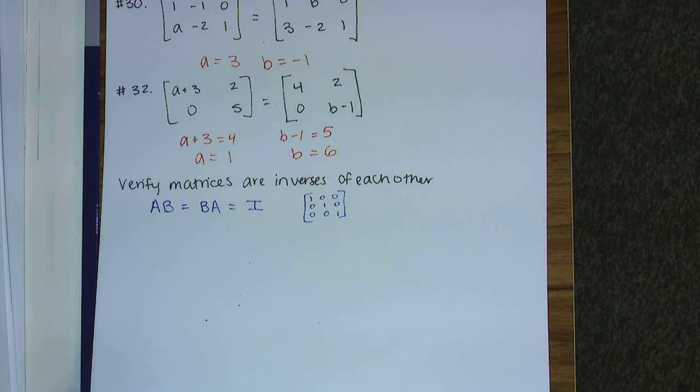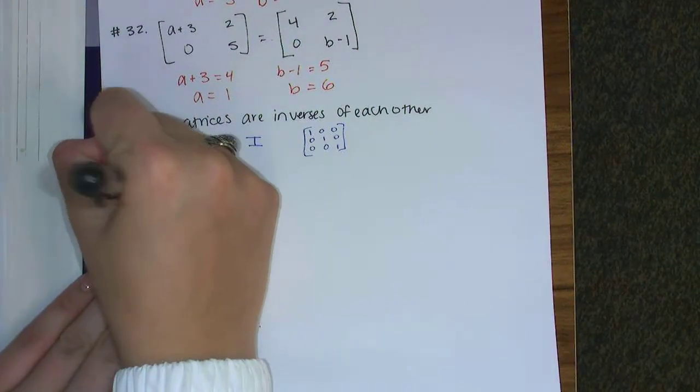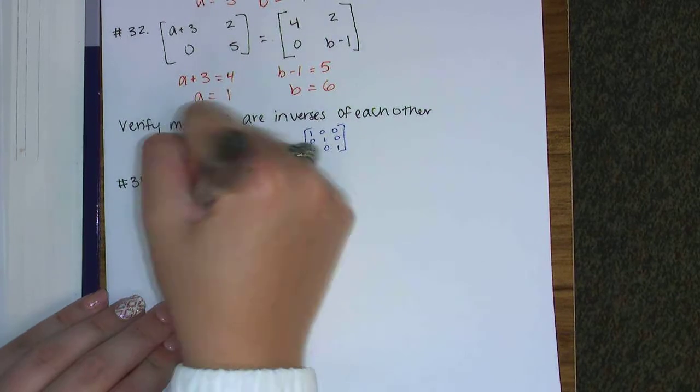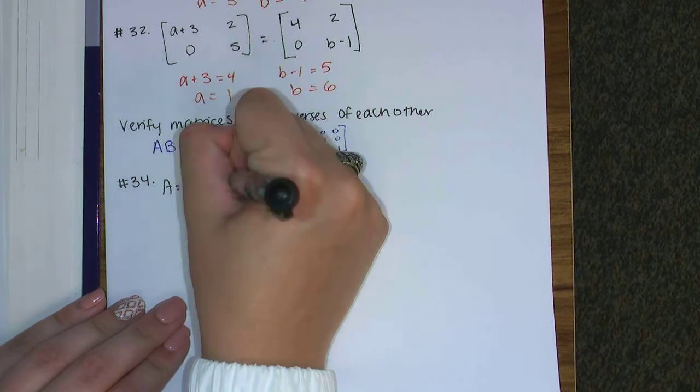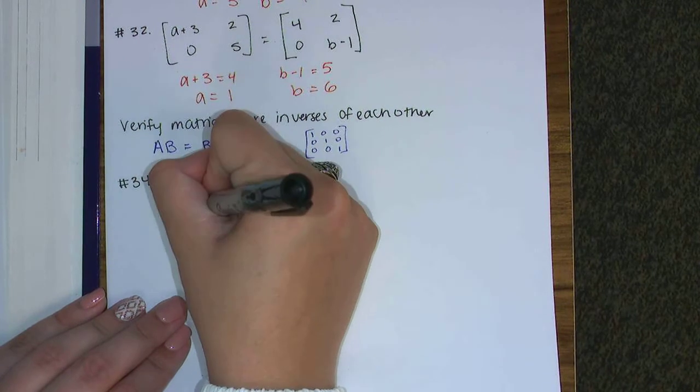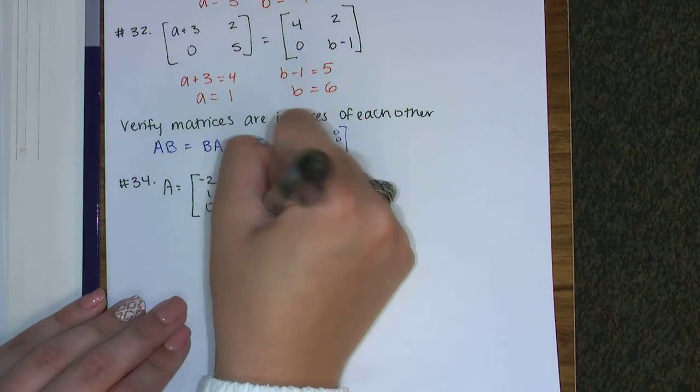Alright, so let's look at 34 then. So for 34, we have matrix A is -2, 1, 3, 1, 2, -2, 0, 1, -1.